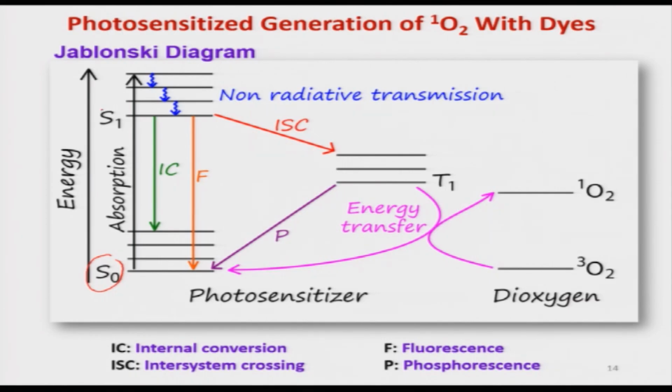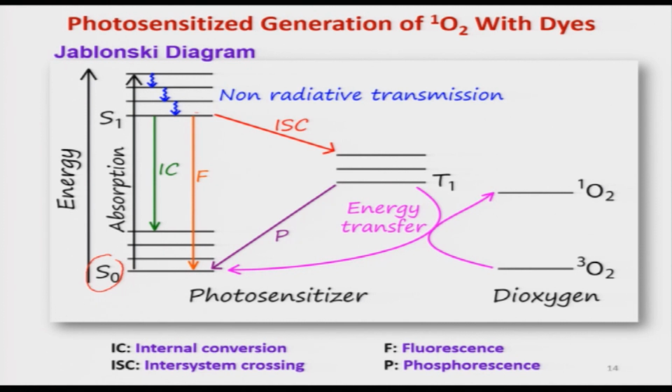Of course, this is also a singlet state, and there are many excited states like S1, S2, S3, S4. After non-radiative transition, it comes to the S1 state, and this can go back to the ground state via internal conversion. If it goes back to the S0 state, this produces what is called fluorescence.